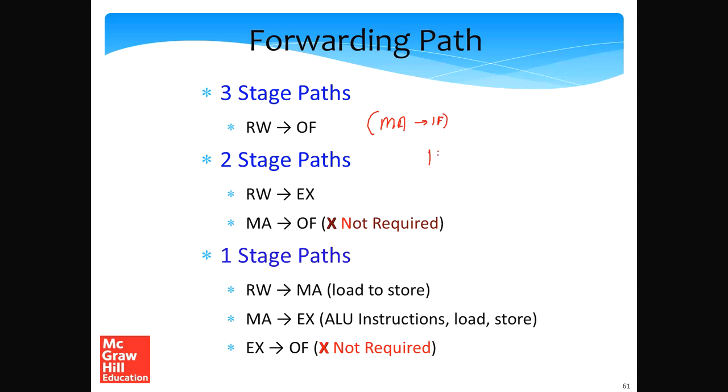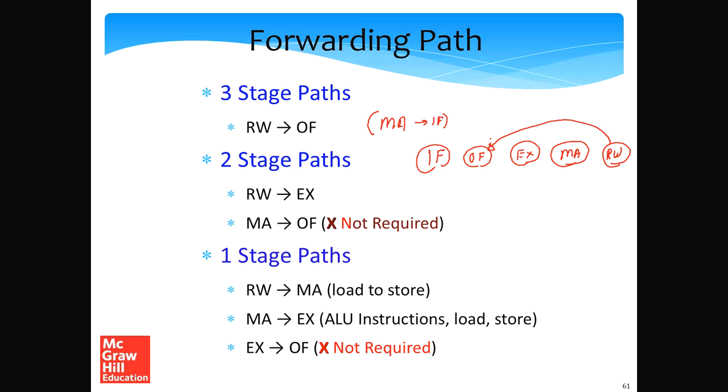So let me maybe write down the stages. It'll become easier to visualize. We are adding one path from RW to OF, and MA to IF is not required because if you allow both instructions to proceed by one stage, we can use this path.